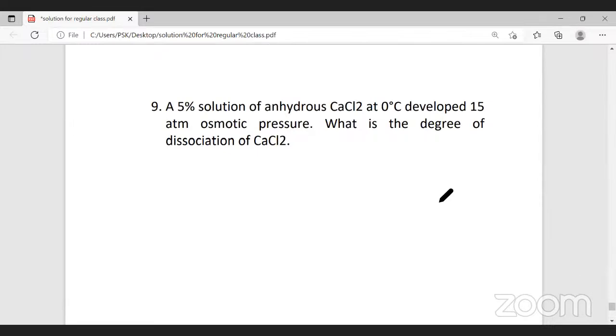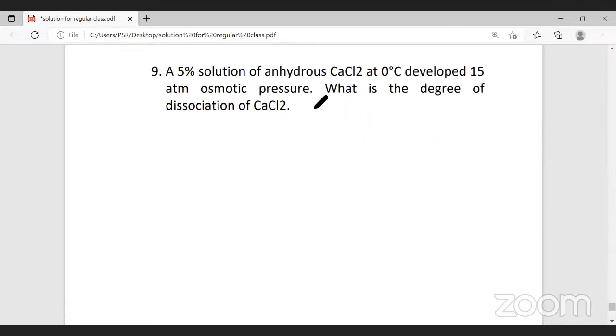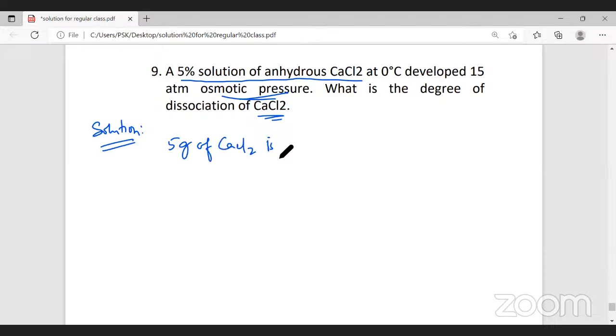This question, let us work out. A 5% solution of anhydrous calcium chloride at 0 degrees Celsius developed 15 atmospheric osmotic pressure. What is the degree of dissociation of calcium chloride? Read the question: 5% solution of anhydrous calcium chloride. What do you mean by a 5% solution? It means 5 grams of calcium chloride is present in 100 ml.